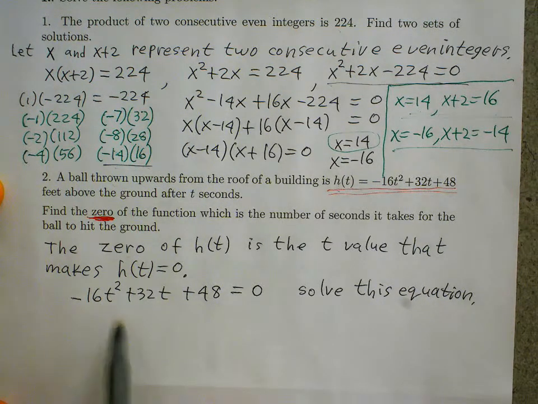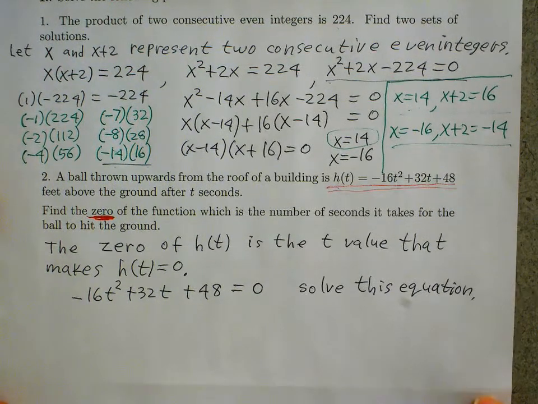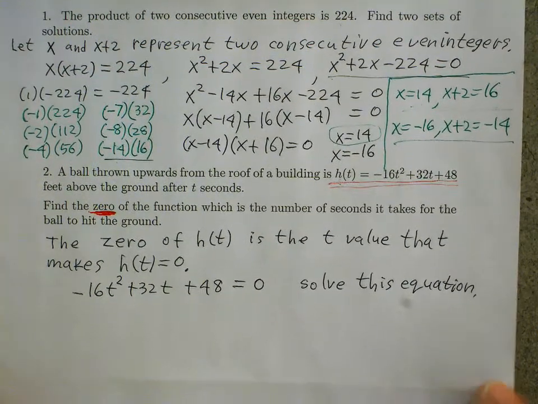So my advice is, if you have a quadratic equation in standard form, this is a quadratic equation in the variable t, and if the coefficient of the t squared term is negative, then my advice is to factor the negative of the greatest common factor, because in my opinion, that makes the arithmetic easier.